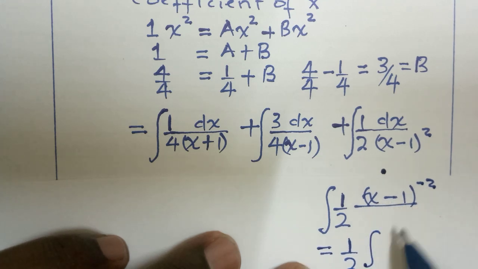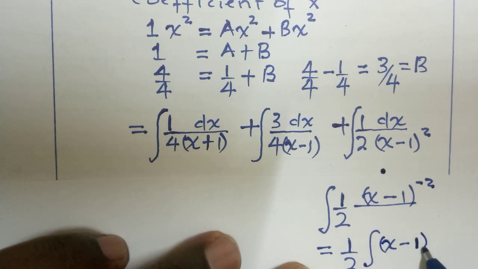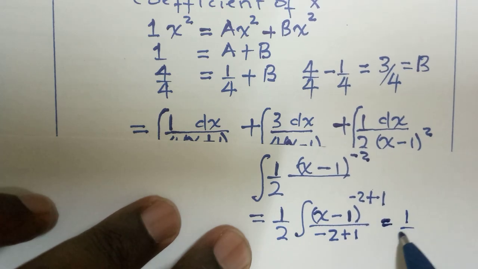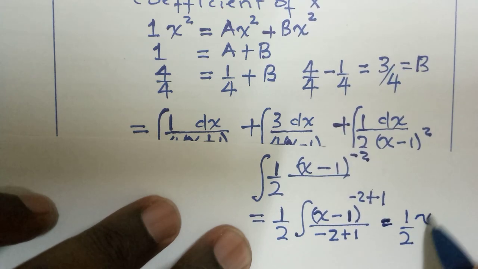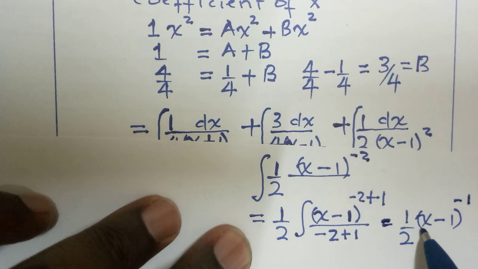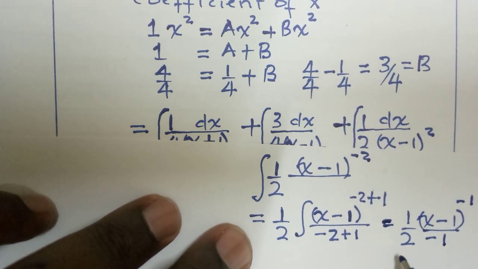Then this one will be now x minus 1 to the power -2 plus 1, all over -2 plus 1. So this one will end up being a half x minus 1, this is -1, all over -1. So guys, we shall end up with negative a half.